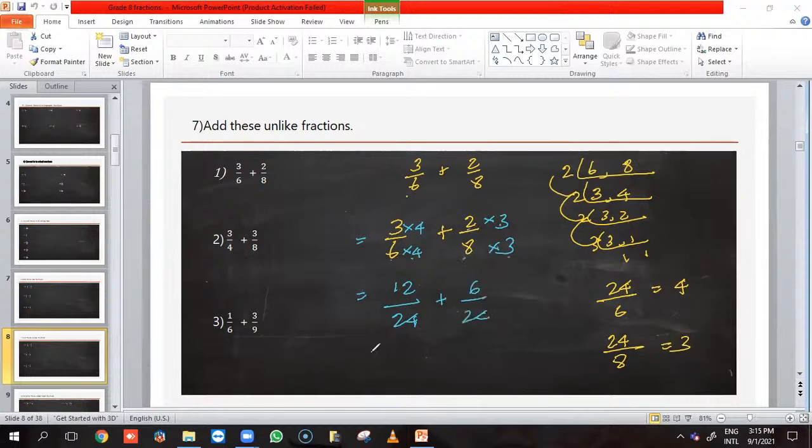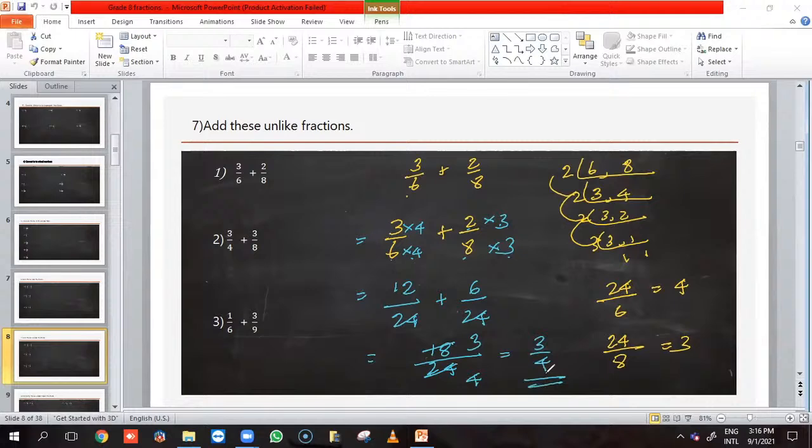Now denominators are same. Keep the common denominator here. 12 and 6, 18. Any more? You can simplify. This is divisible by 6. How many 6s? 3. How many 6s? 4. Answer is 3/4.